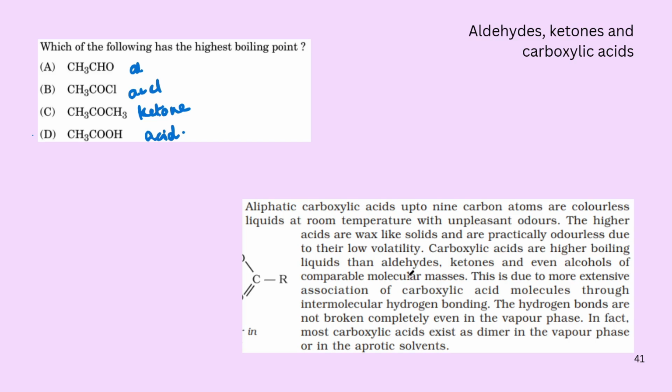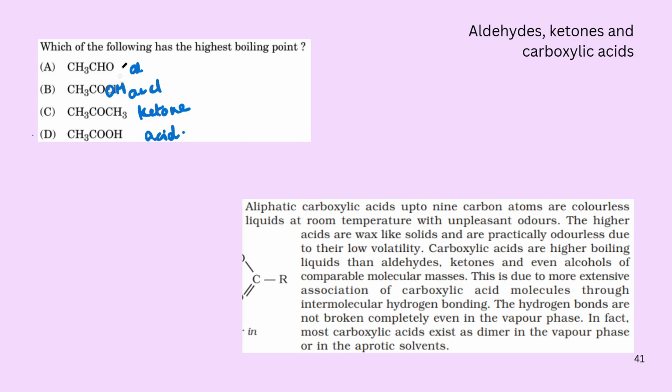So compared to that, you have the acids with the highest boiling points. This is because of the concept of hydrogen bonding. Acyl chlorides obviously don't have hydrogen bonding because they don't have the COOH group. The OH group is what is responsible for the hydrogen bonding.